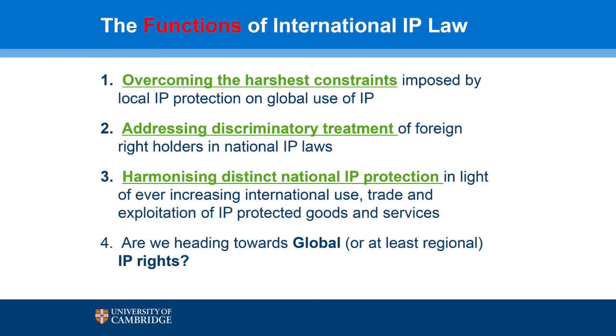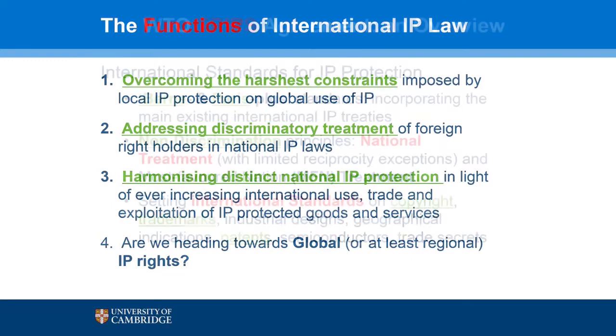Another last element about these international treaties, which I will discuss a little bit more, is that these treaties oblige countries to provide certain minimum standards of protection for foreign right holders. And these minimum standards of protection concern essentially all intellectual property rights nowadays.